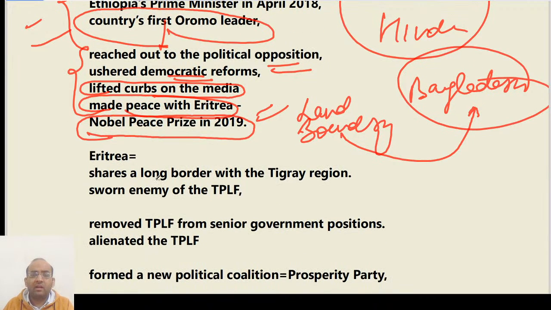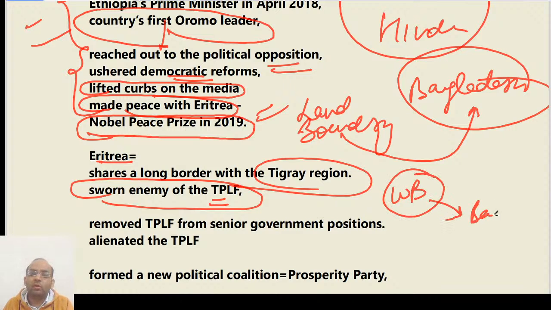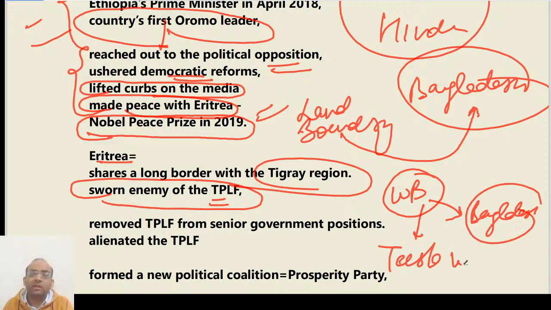Coming to Eritrea, it shares a long border area with the Tigray region, and it is an enemy of the Tigray People's Liberation Front. If it is an enemy of TPLF, for example, if the West Bengal government does not like the Bangladesh government, the West Bengal government led by Mamata Banerjee does not want the Tista water dispute to get resolved.